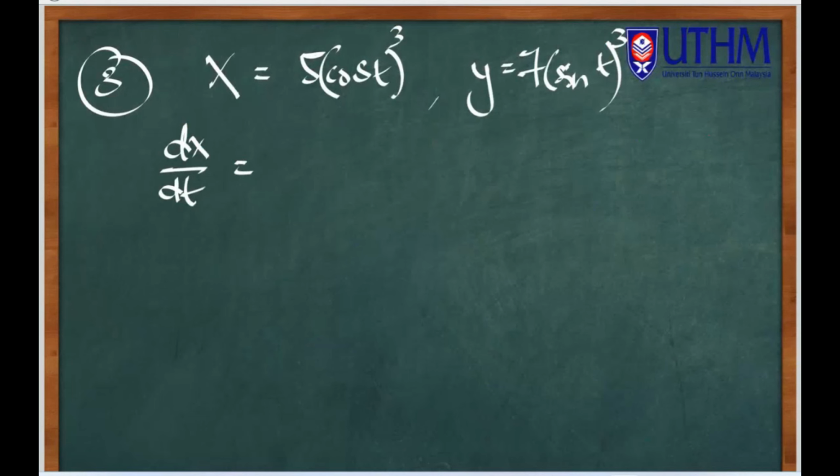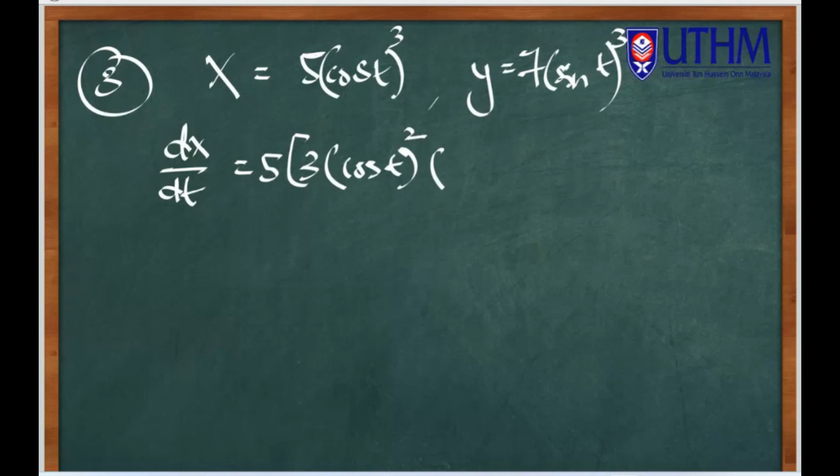Now we can differentiate. Maybe we can just put 5 outside. Now we differentiate cos cubed t. So we get 3, in brackets cos squared t, and then we need to differentiate cos t, which gives negative sin t.